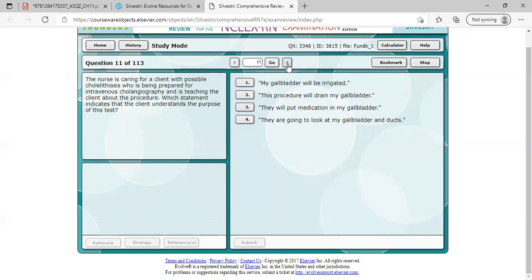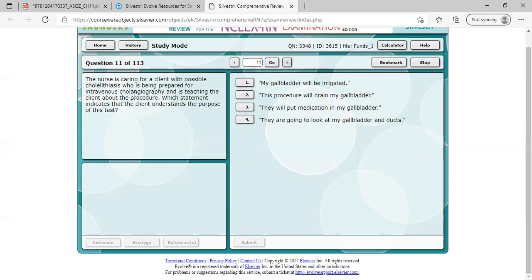Which statement indicate that the client understands the purpose of test? So patient cholelithiasis means stone formation in gallbladder. And patient need intravenous cholangiography.